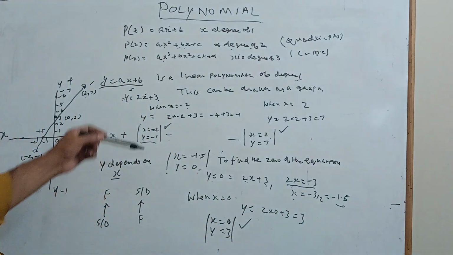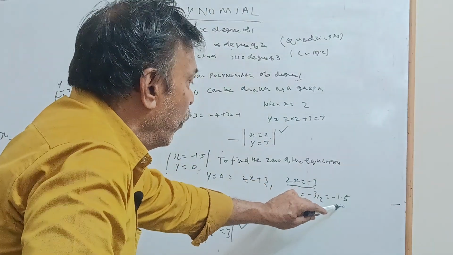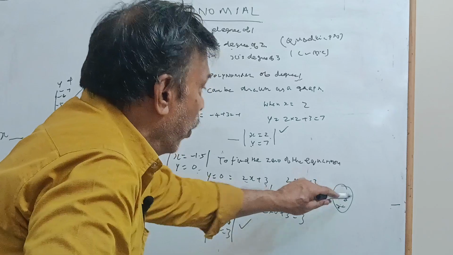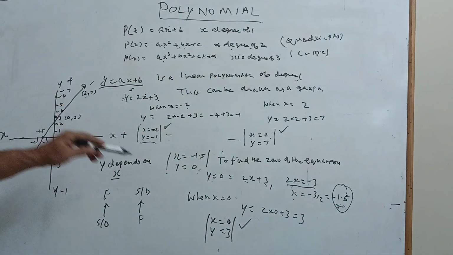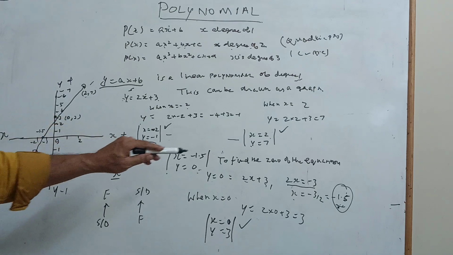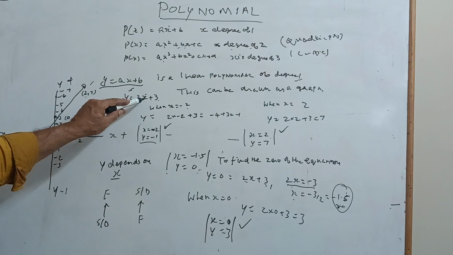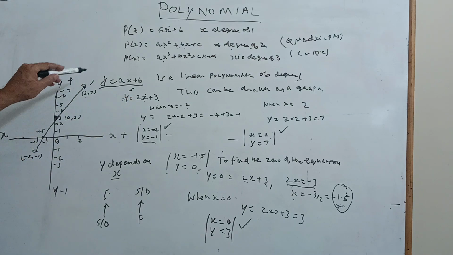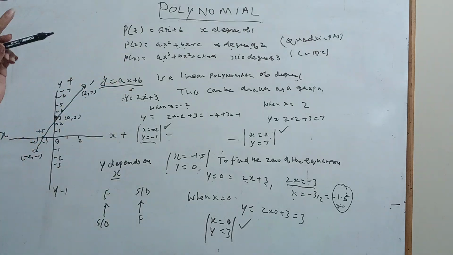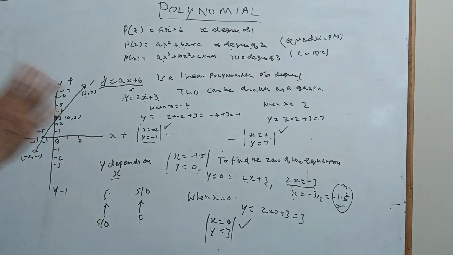So when you put y equal to 0, you get minus 1.5. This is the zero of the polynomial. Again, when you substitute x is equal to 0, 2 into 0 becomes 0, then y equal to 3, that is the point here. This is how the polynomial is related to the graph.